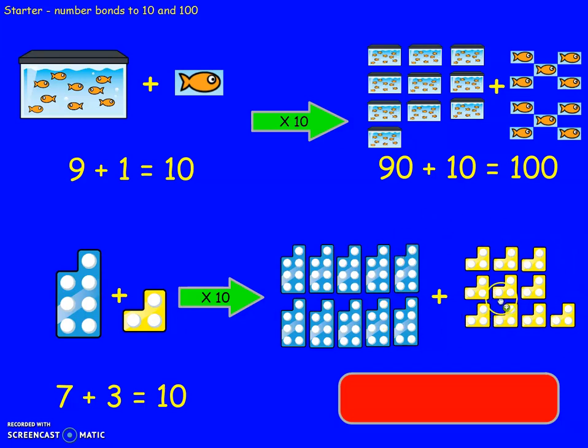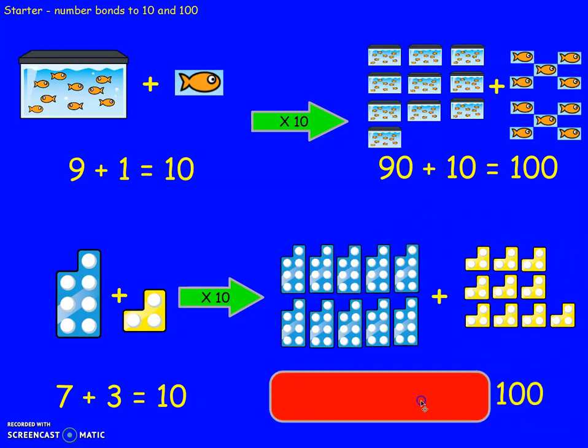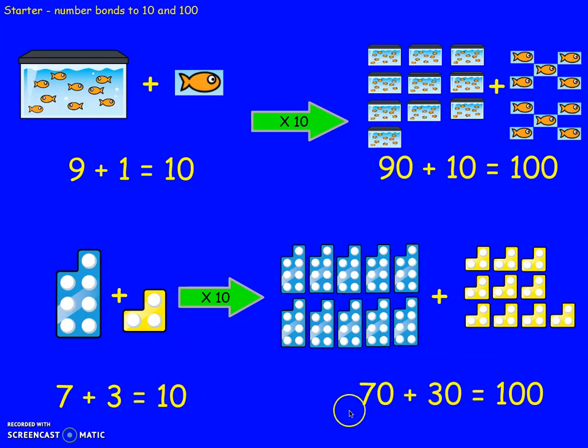And remember, this one is going to be a number bond to 100. So we know that the answer is going to equal 100. So if we know that 7 plus 3 equals 10, we also know that 70 plus 30 equals 100. We have multiplied each of the numbers by 10.